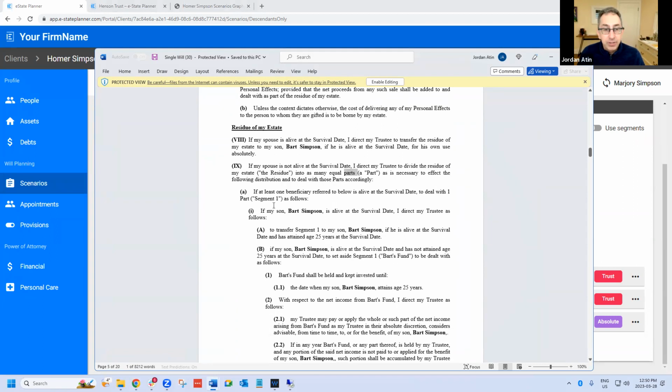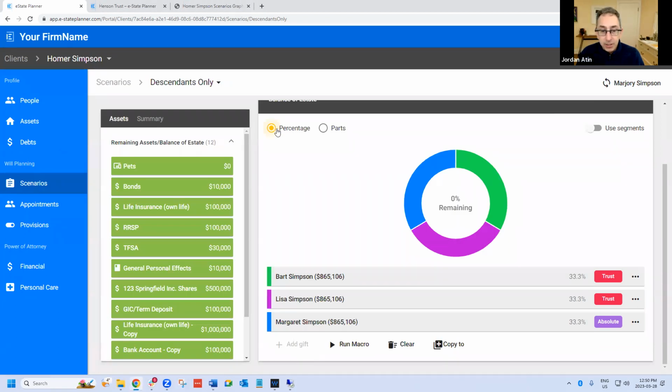So even if I had used percentages, what it would have said is 33.3 parts, segment 1, okay? That's the difference. If you're showing it in percentages and you choose percentages here, then in eState it's going to draft it as 33.3 parts, 33.3 parts, 33.3 parts, just because clients sometimes like that better than one part, one part, one part.